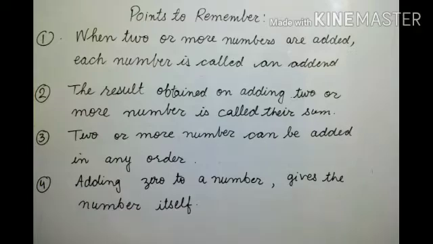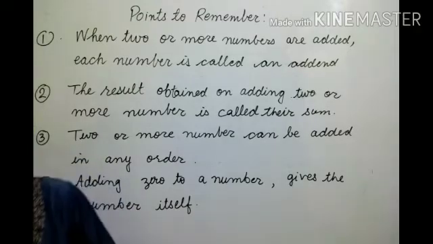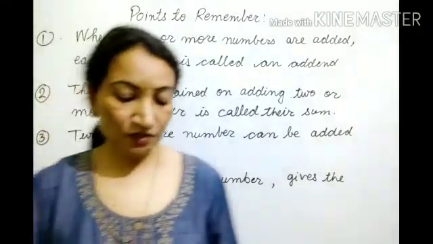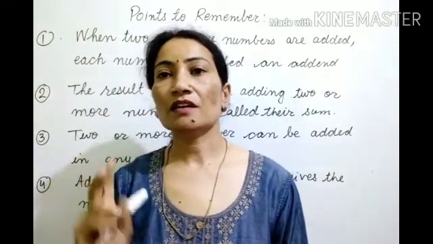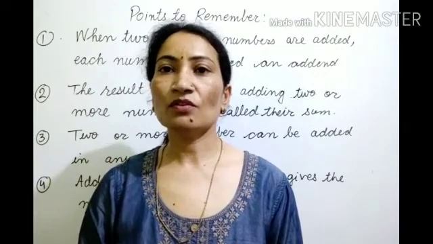Those are the points you will remember that we used in chapter number 2. This was the summary of the chapter. These are 4 points. You will remember all these points.